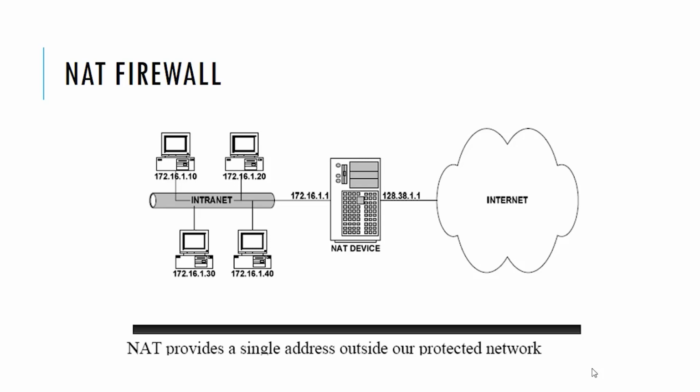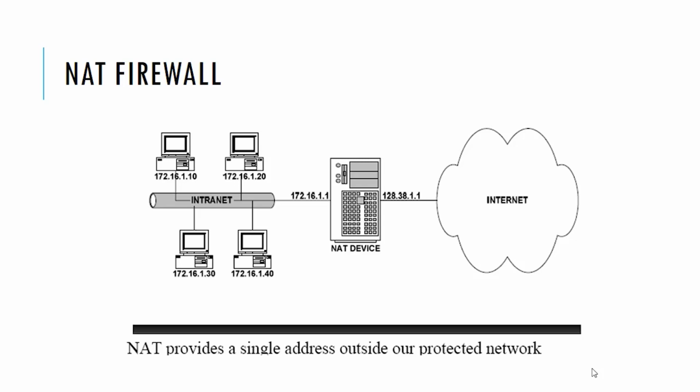Now this device has two faces, one with a real IP facing the internet, another with a virtual IP facing the intranet. This intranet is your internal network, and it is filled with virtual IP addresses, IP addresses that are not real.